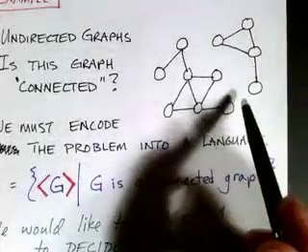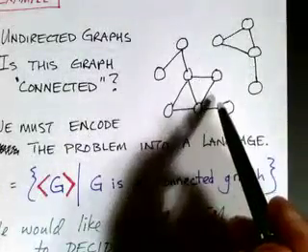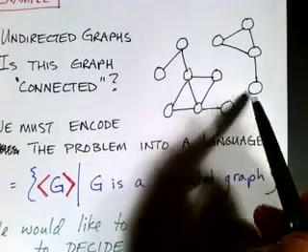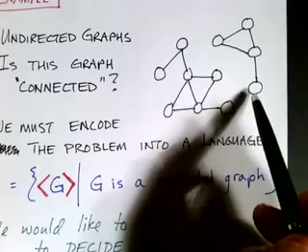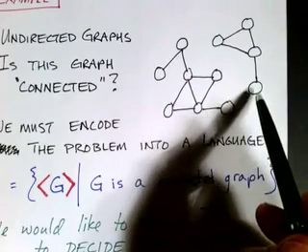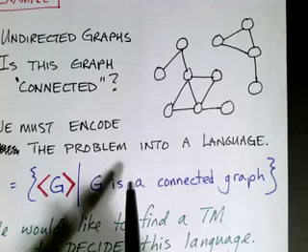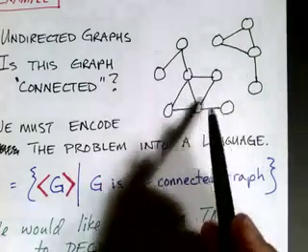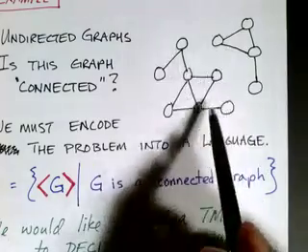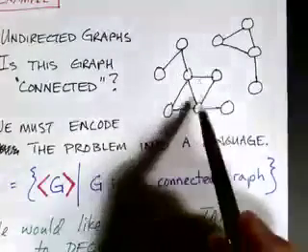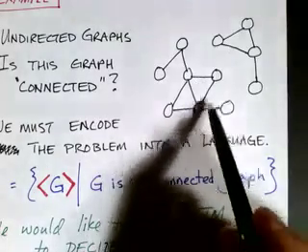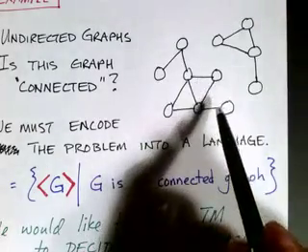It's a graphical pictorial representation, and it's not appropriate as an input for a Turing machine. In order to input it into a Turing machine, we're going to have to turn this instance of the problem into a string. We're going to have to represent this graph somehow. We might number the nodes, and we might number the edges, and we might have a list of edges and a list of nodes and so on.